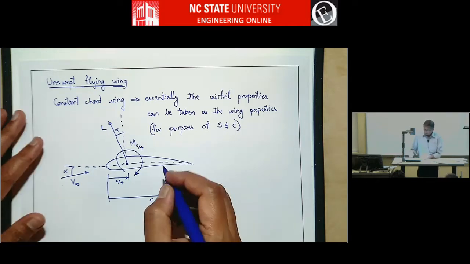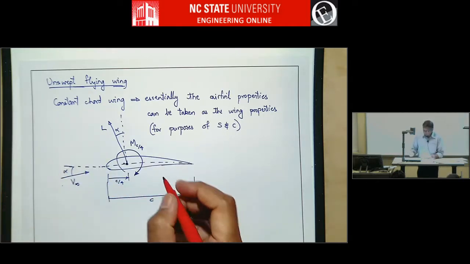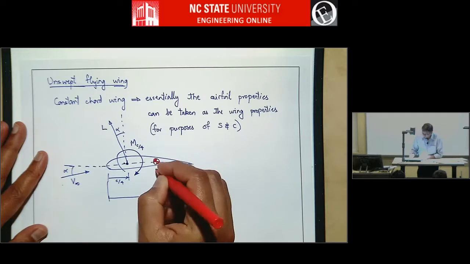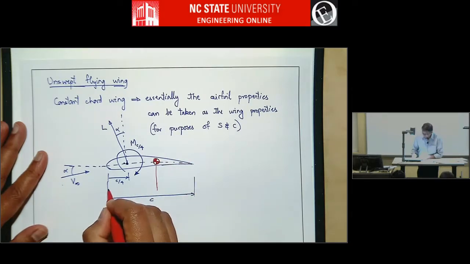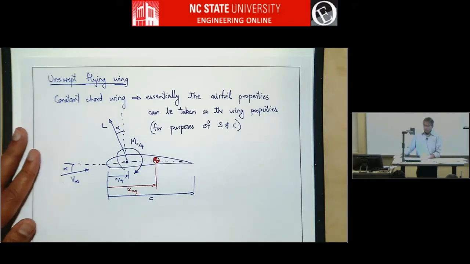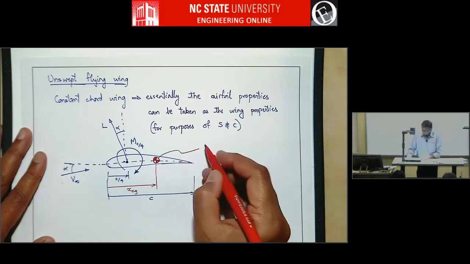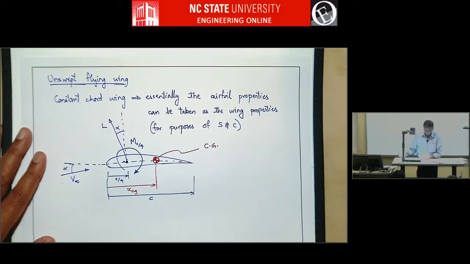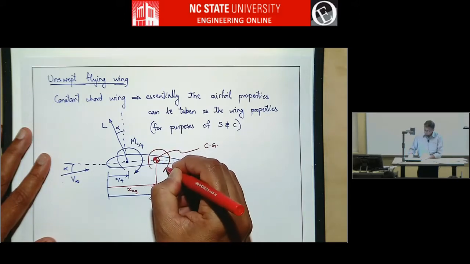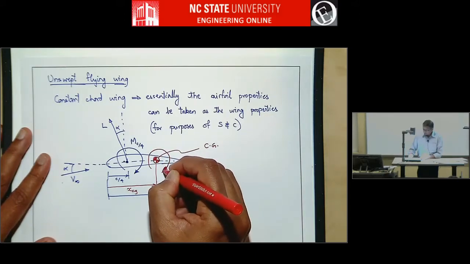Now let's say the CG is located somewhere. I'm just going to put it at some arbitrary location. And let's call this X_CG. So you can also calculate the moment about the CG. You can calculate moment about any point, right?